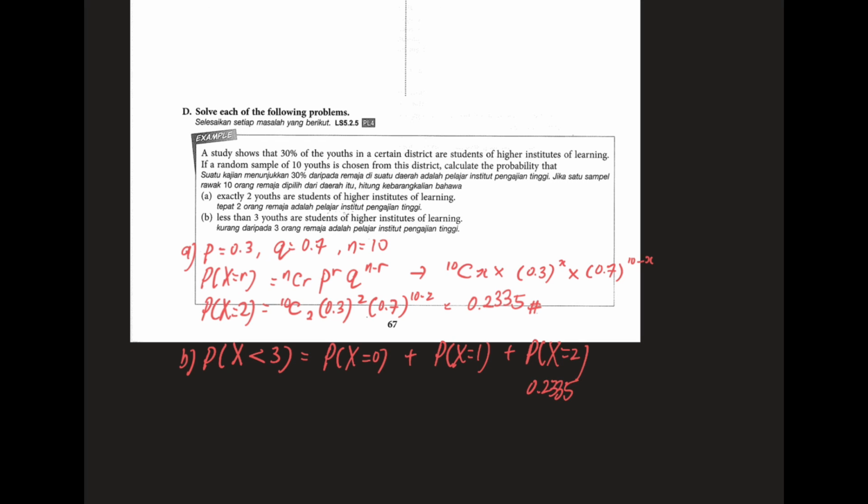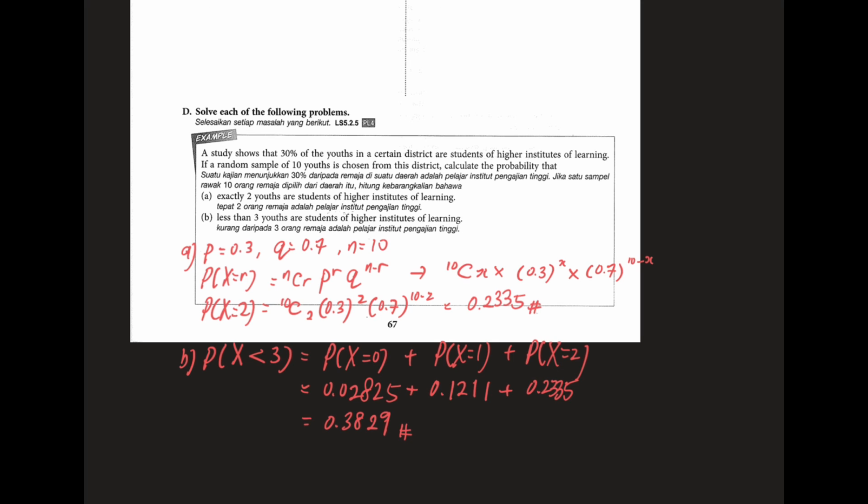Calculate, then put 1 inside, so we get 0.1211. Then we calculate, put 0 inside, then we get 0.02825. Okay, now we add up. Okay, so we get 0.3829. Okay, so that's the final answer.